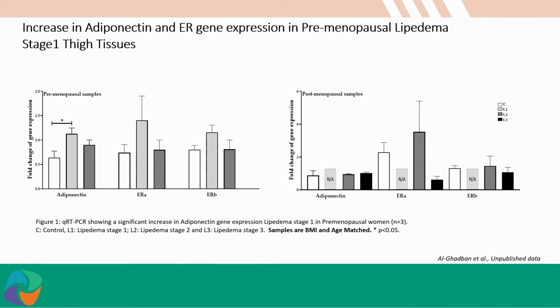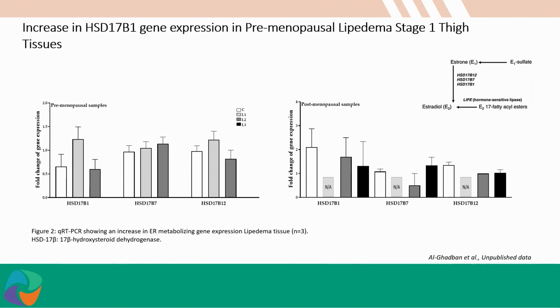But our study has shown that in premenopausal lipedema stage 1, we have an increase in adiponectin, the main fat gene expressed by the fat cells, and an increase in ER alpha and ER beta as compared to non-lipedema or lipedema stage 2. However, there are no major changes in postmenopausal women. When we looked at one of the metabolizing enzymes that generates E2, we saw that it is again increased in premenopausal women with lipedema stage 1 as compared to non-lipedema.